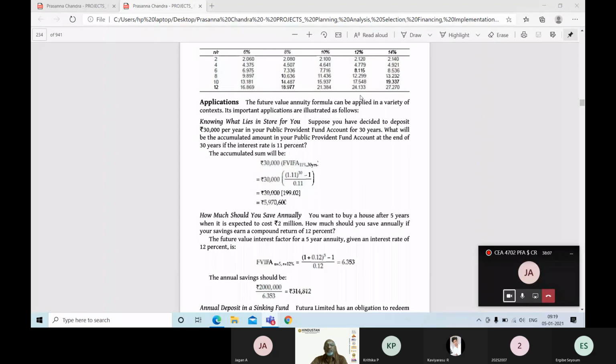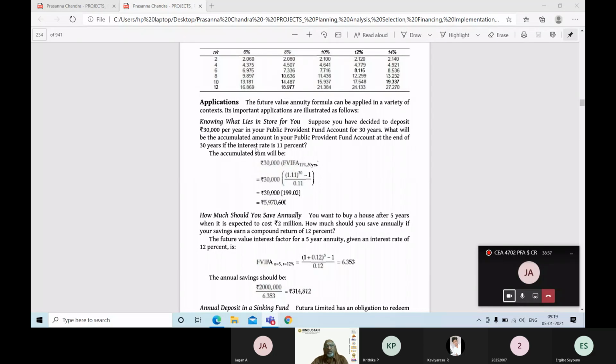Application. The future value annuity formula can be applied in a variety of contexts. Its important applications are here. Knowing what lies in store for you. Suppose you have decided to deposit 30,000 per year in your public provident fund for 30 years. What will be the accumulated amount in your public provident fund at the end of 30 years if the interest rate is 11%?